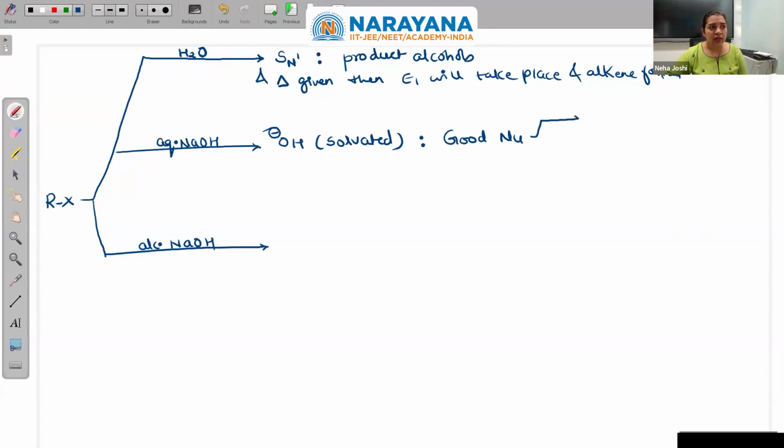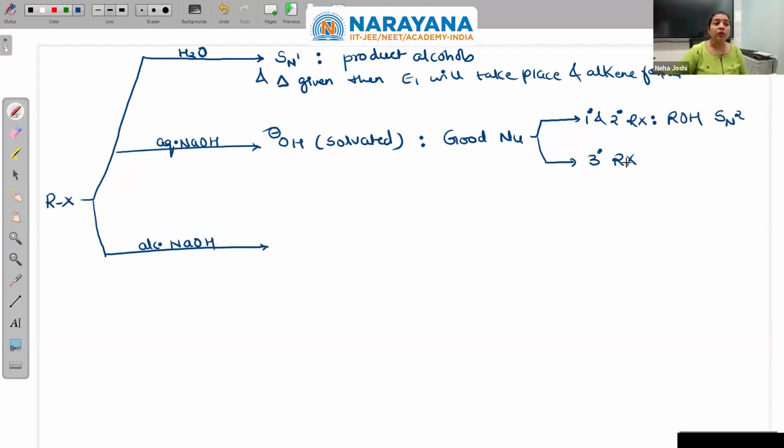So I'll say, okay, then I will take SN1, SN2, and for 1 degree and 2 degree Rx, we will form alcohols, of course, by SN2. But if it is a 3 degree Rx, now see, a 3 degree alkyl halide is so good for elimination.